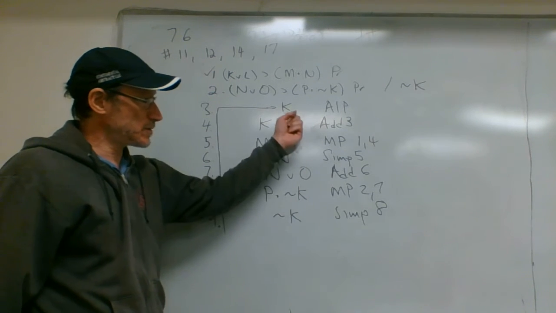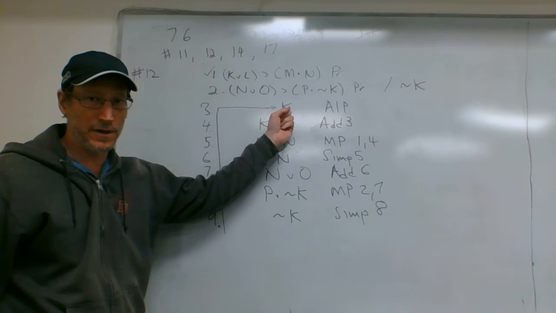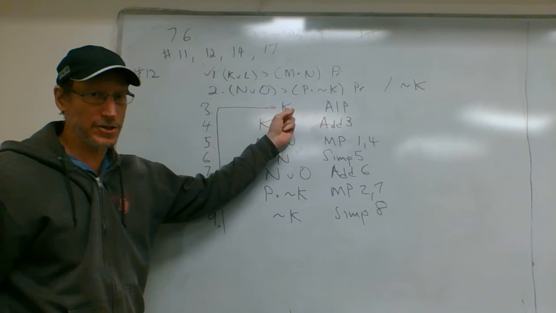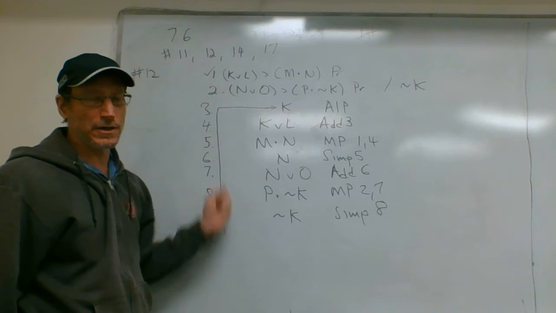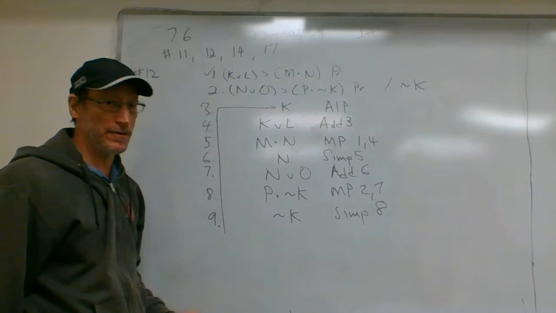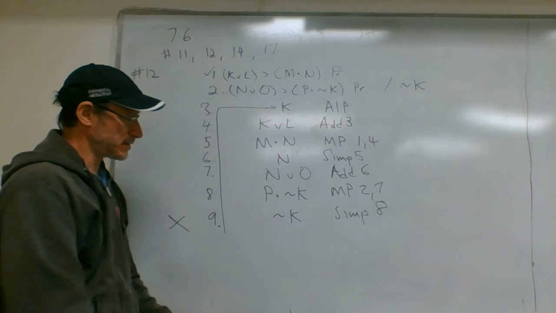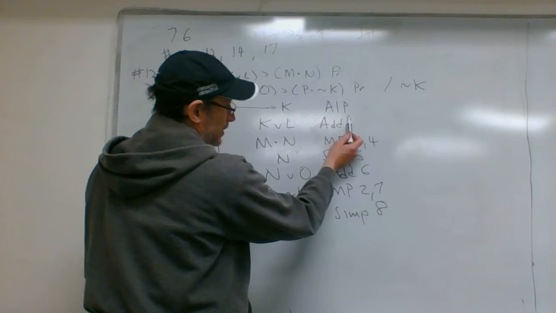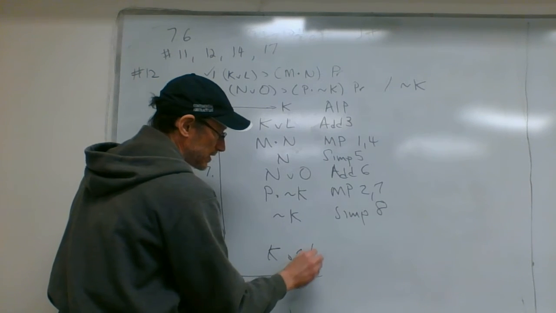The whole point of this is assuming this. The justification for the assumption of K was I'm assuming it temporarily in order to reach a contradiction. Well, if you didn't reach a contradiction, then you haven't utilized the rule properly. If you just stop over here and say, hey, I proved not K, this would be incorrect. If you're assuming for indirect proof, you need to reach some kind of contradiction, which in this case was K and not K.